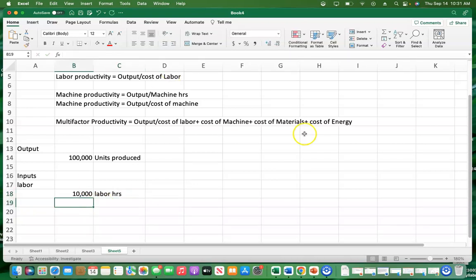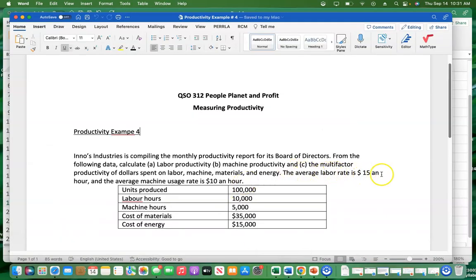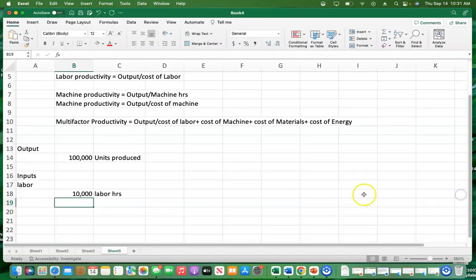And then we're given another piece of information, which is $15 an hour for labor. So here we have $15 cost per labor.